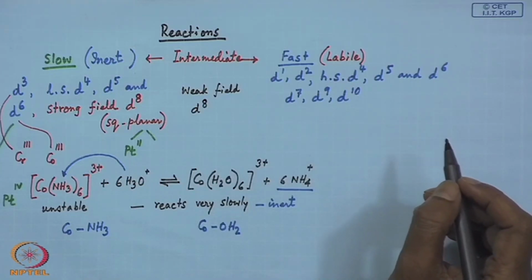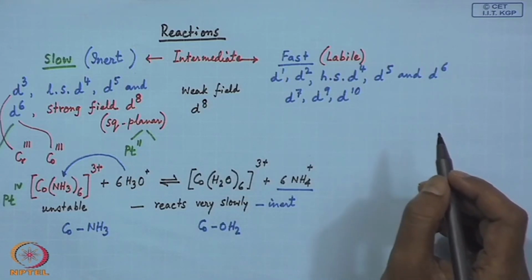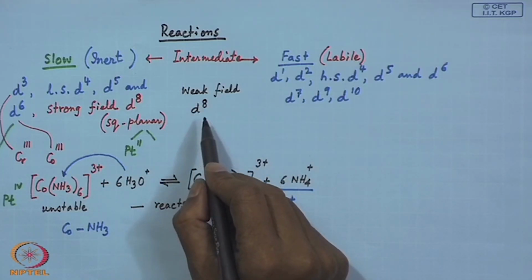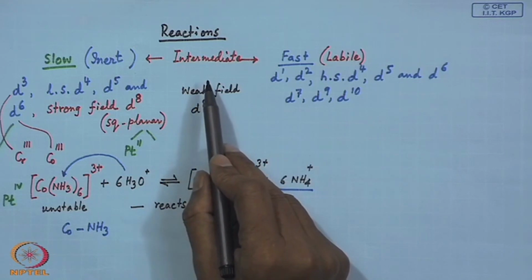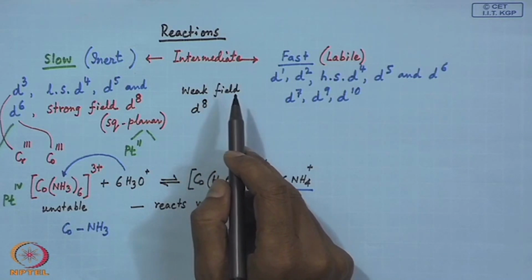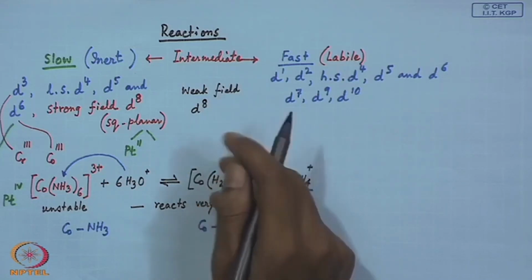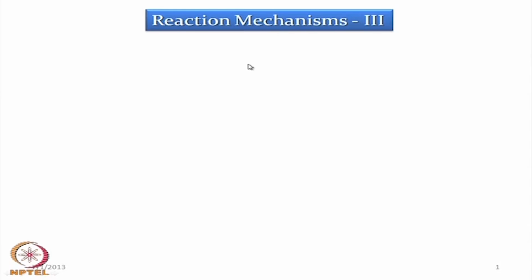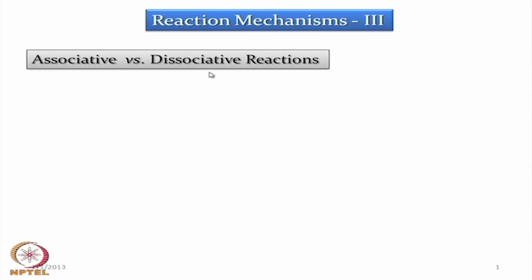Nickel 2 plus in the corresponding tetrahedral geometry is a weak field d8 system, and that gives rise to an intermediate reaction rate for its ligand substitution reactions. So what we will see is that during these reactions we can have two different types of reactions. One is associative, another is dissociative reactions.